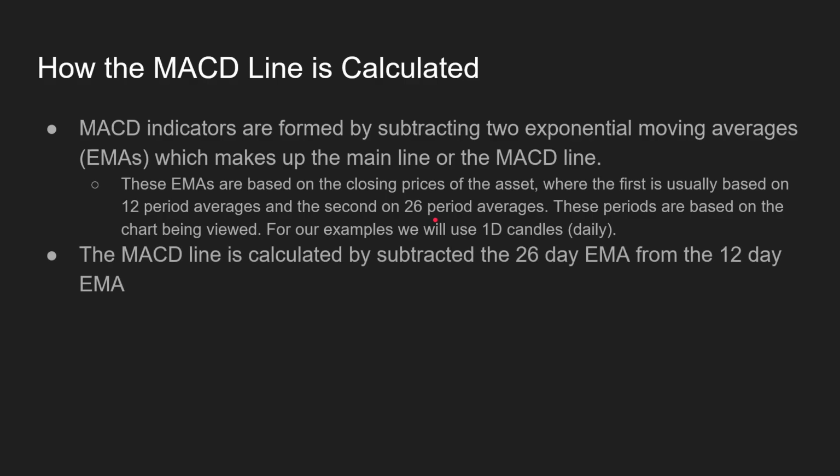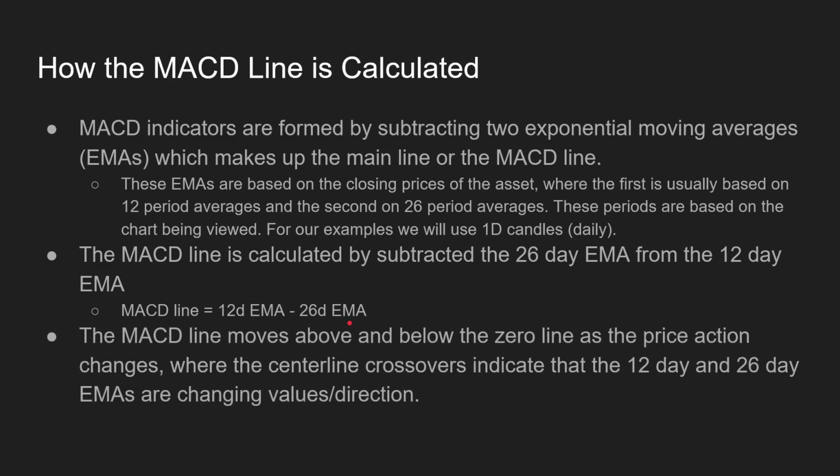Now, the MACD line is calculated by subtracting the 26-day EMA from the 12-day EMA, where we can think of this formula. We have the MACD line, it's equal to 12-day EMA minus the 26-day EMA.